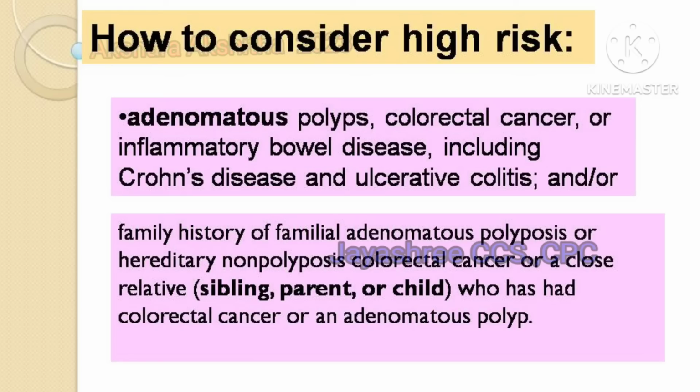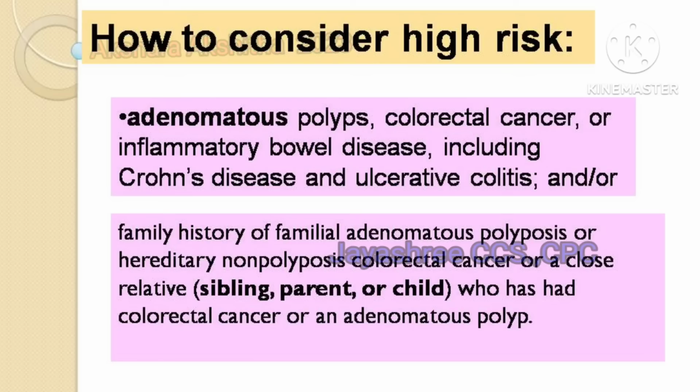Also, if the patient's family history includes adenomatous polyp or colorectal cancer in a direct relative only, like siblings, parent, or child, we consider that patient high risk. Any one reason, either personal history or family history, is enough.